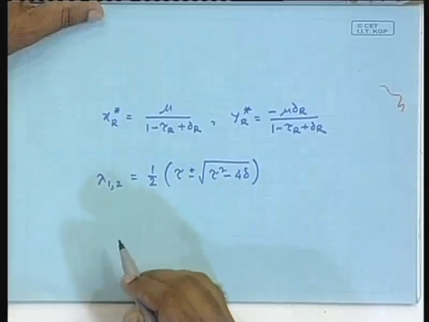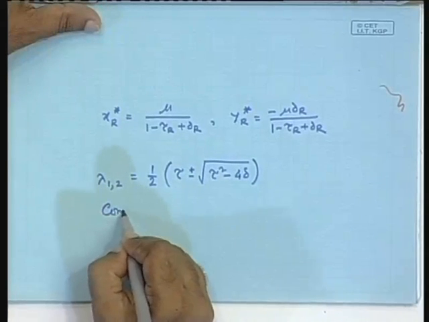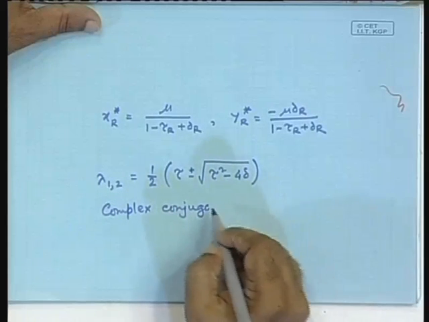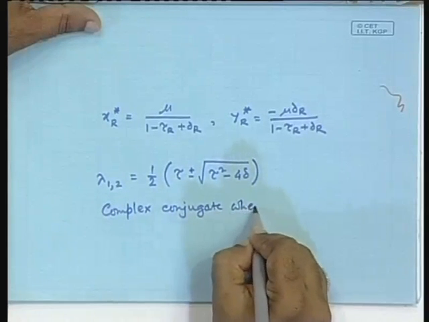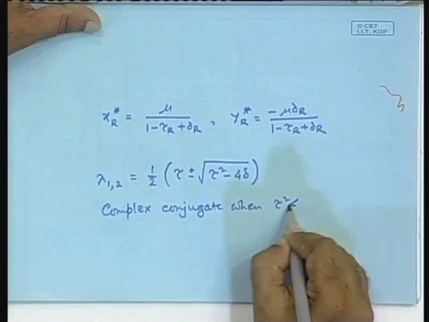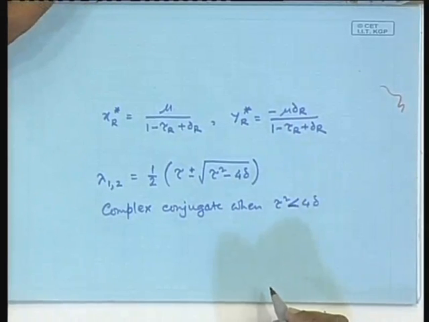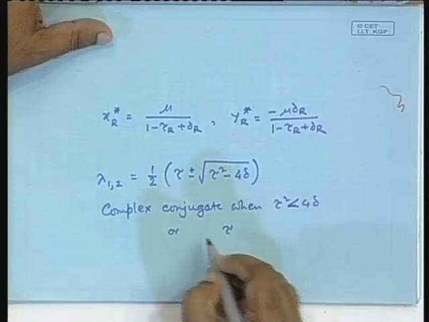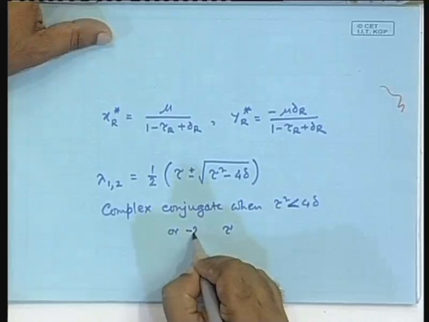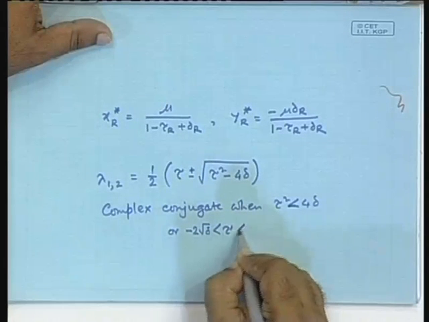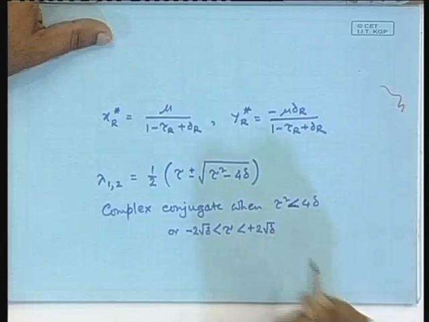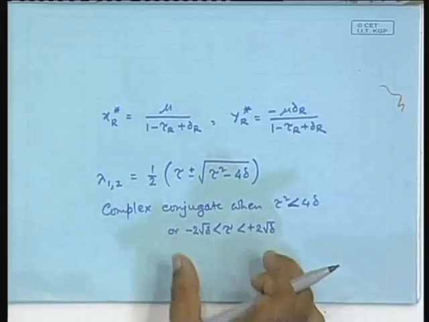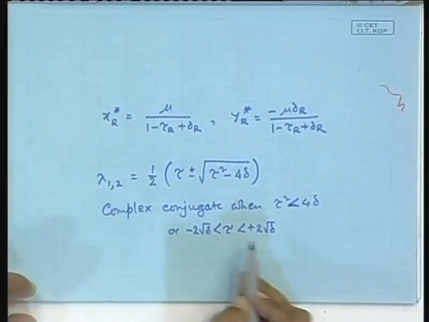So, tau square less than 4 delta, or tau lies in between minus 2 root delta and plus 2 root delta, same thing. So, it becomes complex conjugate only when the relationship between the trace and the determinant is like so.